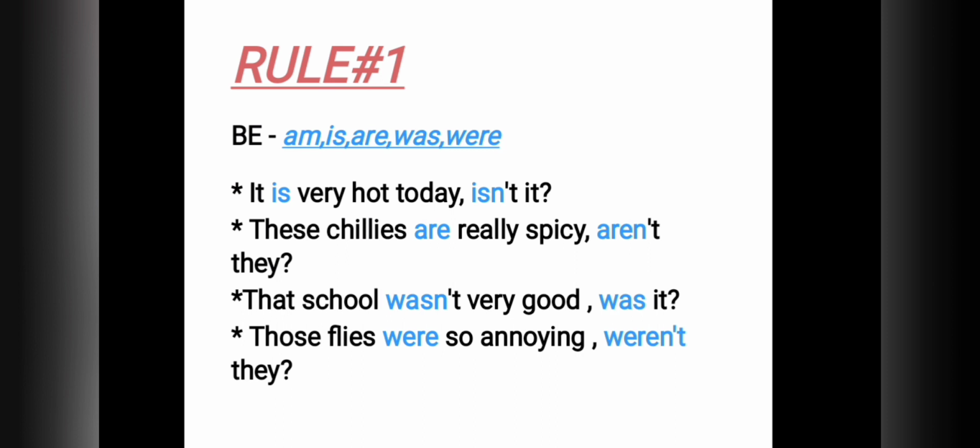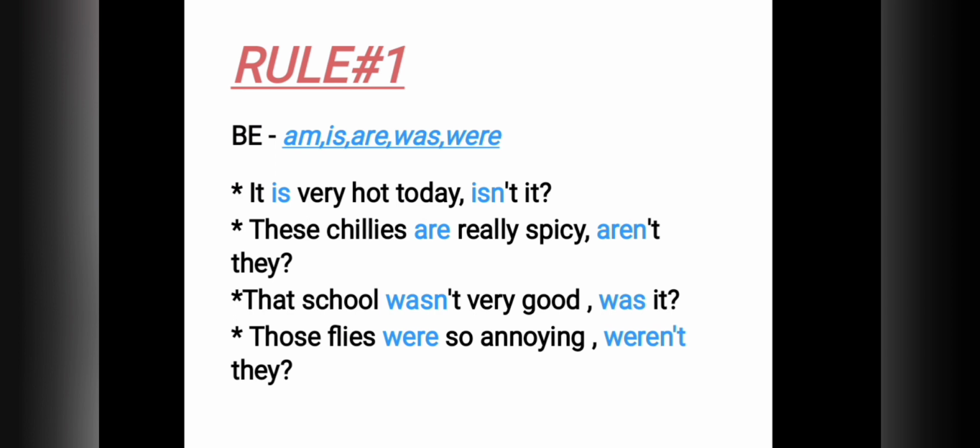When be is in the statement, then be in the tag. Any to be verb, is, are, was, were, if it is in the statement, then we have to use a to be verb in the question tag also.